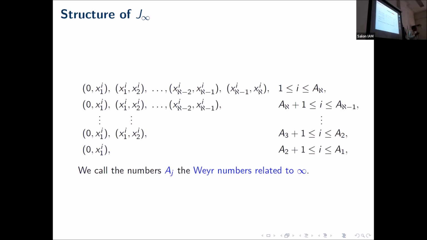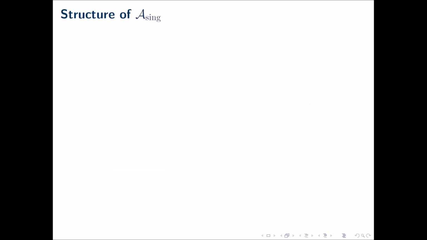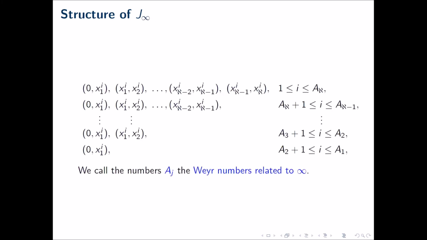And count them. And then, of course, these are my next Weyr numbers. Because now I counted everything for the Jordan part, let's say, for the Jordan normal form of my linear relation. And now I start to count the other entries. And these are the numbers at infinity. So Weyr numbers at infinity.